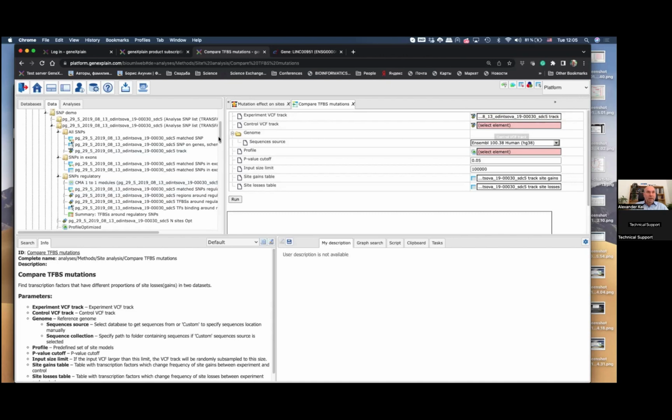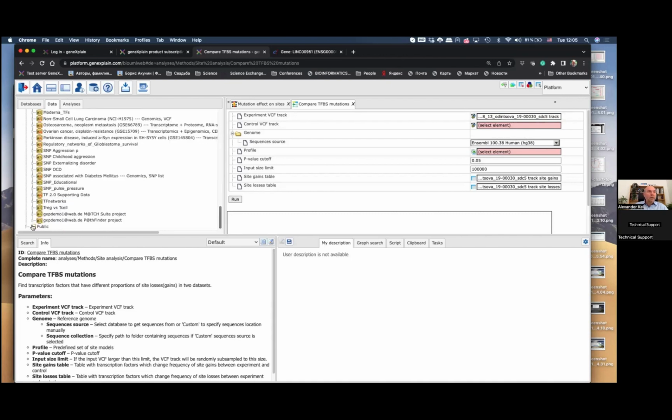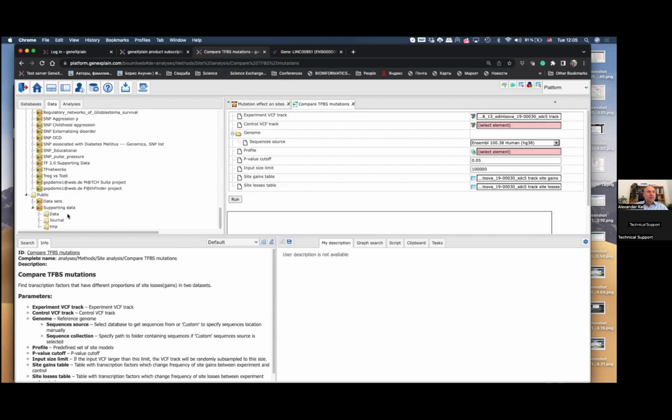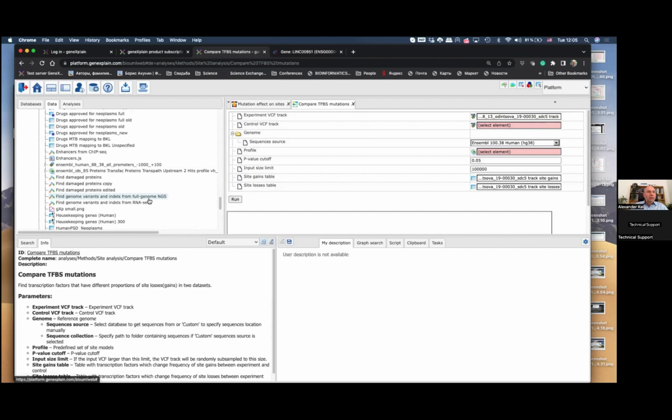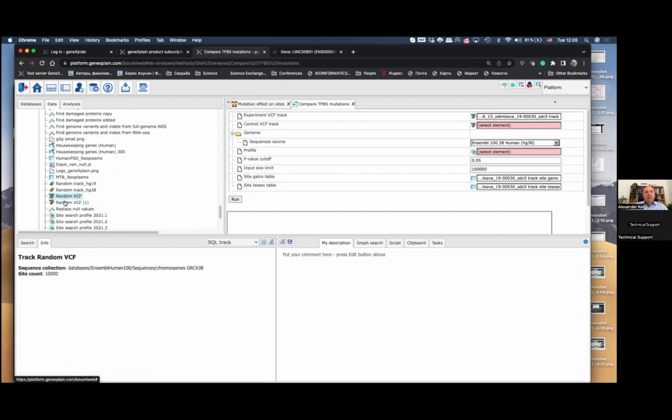For instance, in our public section, in the supporting data, we have a random set of SNPs. We call it a random VCF, which has 10,000 random positions in the genome, where we randomly change the nucleotide into a random nucleotide. So it's a very random background.